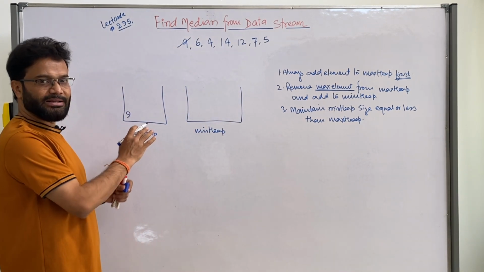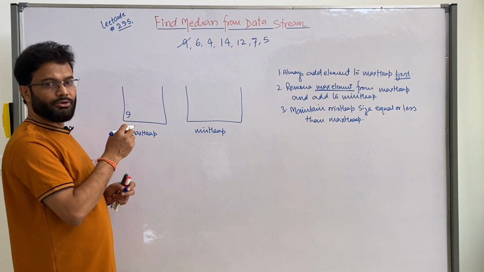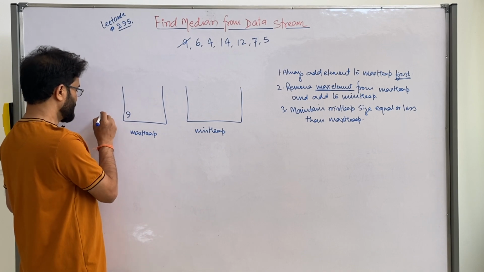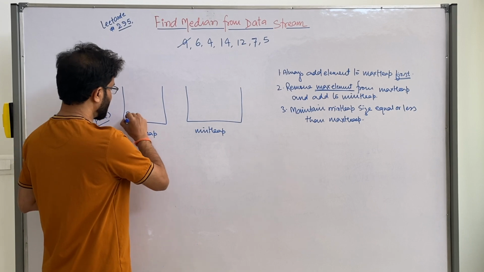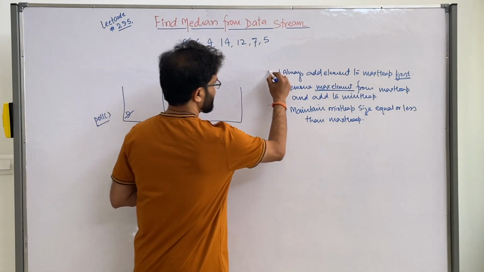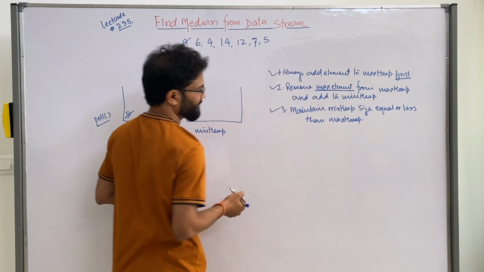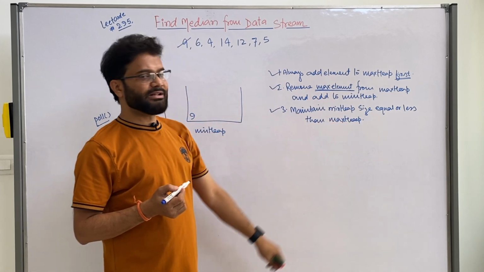As this heap has only one data, this is the max data. So what we will do? We will do the poll, right? So I take this data and I keep the 9 here. Third step, maintain the min heap size that should be equal or less than the max heap.